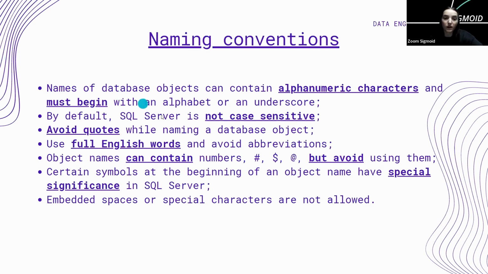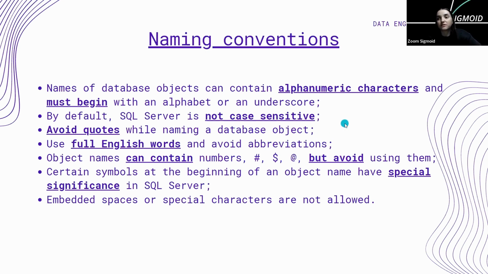Avoid quotes while naming a database object because they have a different purpose. Use English words. If you write in English, you can use full English words. Instead, you can choose any other language you prefer, let's say Romanian, and avoid abbreviations.